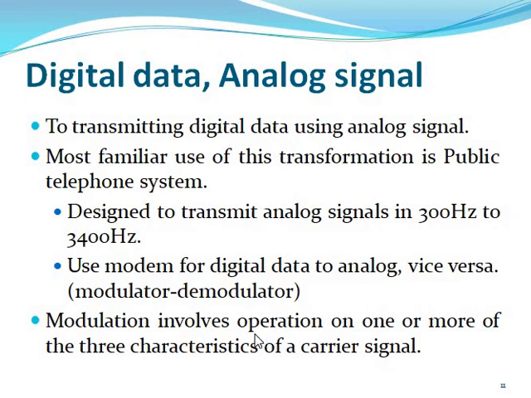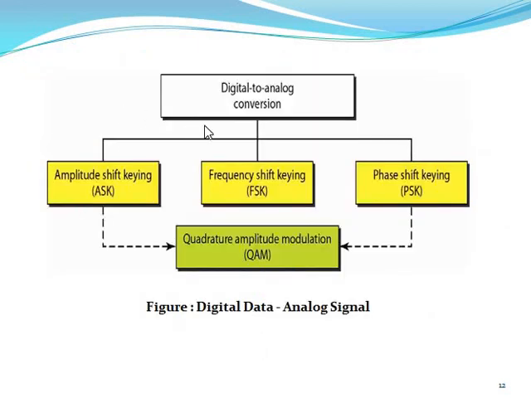So which characteristic is involved? We can show digital to analog conversion, which depends on amplitude shift key, frequency shift key and phase shift key. So these are the three digital to analog conversion techniques.